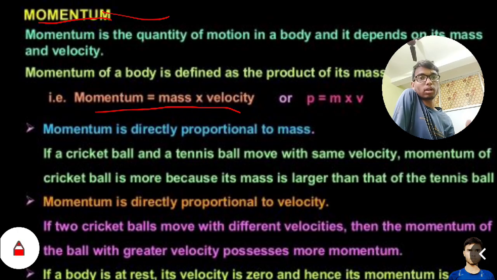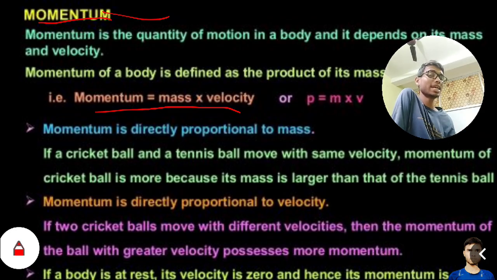If a cricket ball and a tennis ball move with the same velocity, the momentum of the cricket ball is more, because its mass is larger than that of the tennis ball.